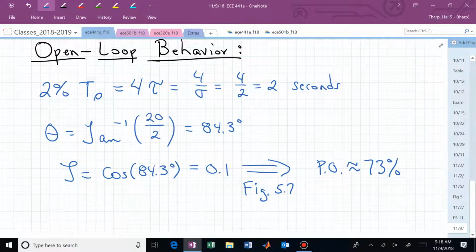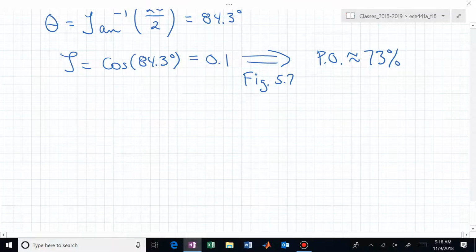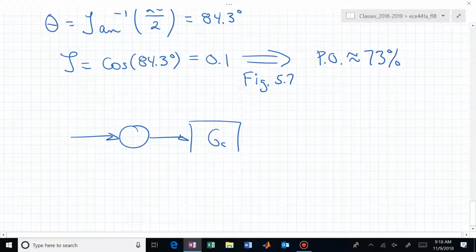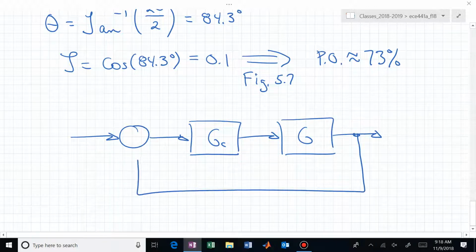And for that reason, now maybe we want to introduce some controllers. Let's put it into our system. Here's our controller. Here's our plant. There's our mass spring damper system. We'll measure the position. We'll feed that back and compare it with our reference and see how that now influences the output.